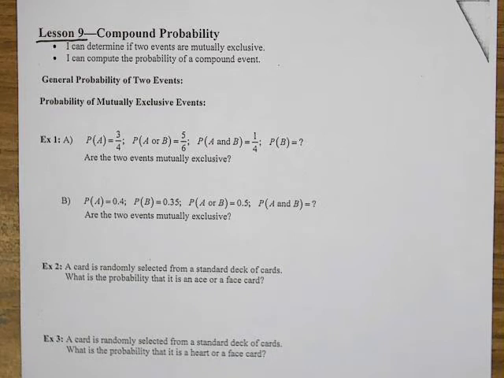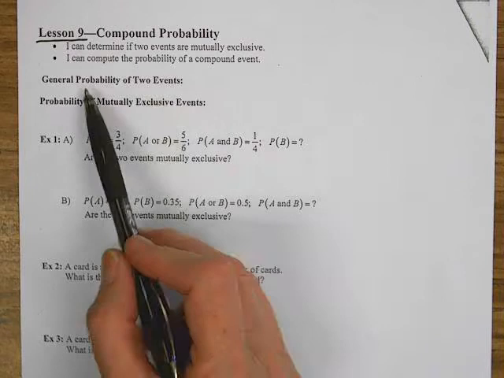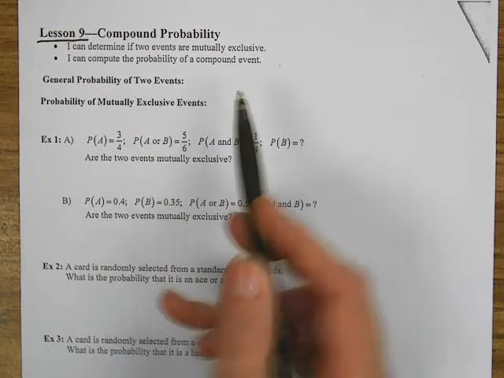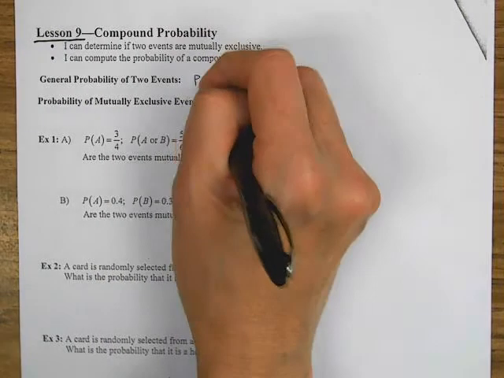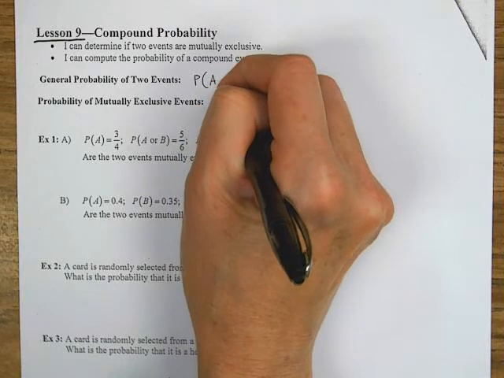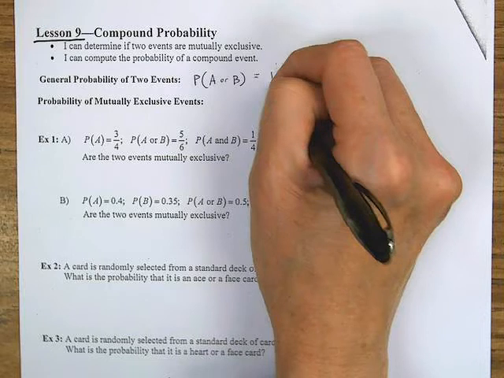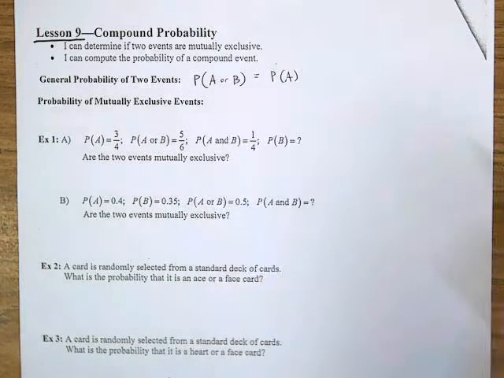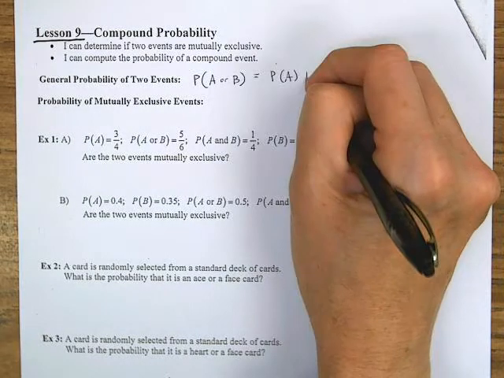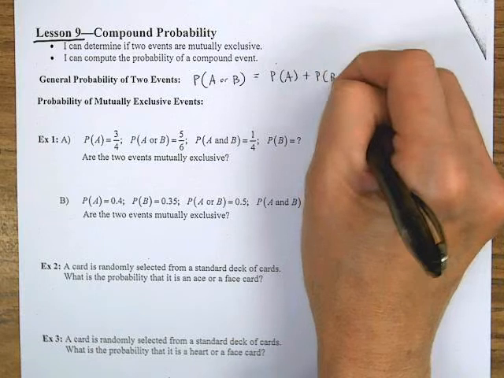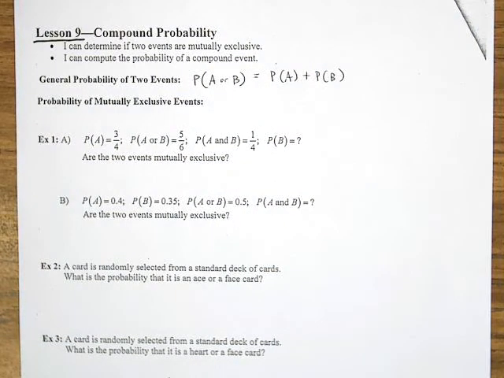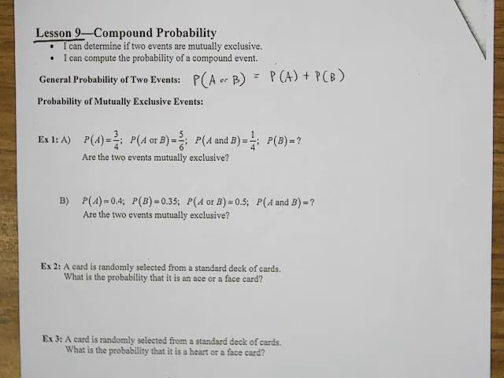All right, so this is going to take us back to our work with Venn diagrams, what we did in lesson 8. The general probability of two events. So if I want the probability of event A happening or event B happening, that's the same as saying, well, let's find the probability that event A happens. Let's find the probability that event B happens. But then we don't want to count some of those probabilities twice.